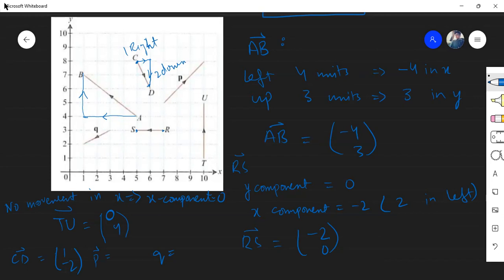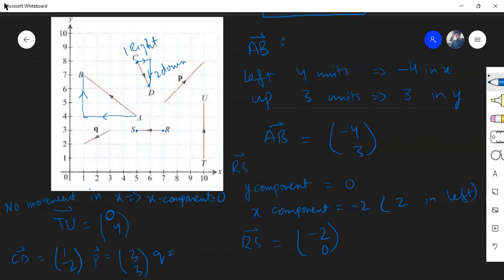What about P and Q? P is (3, 3). That's correct.